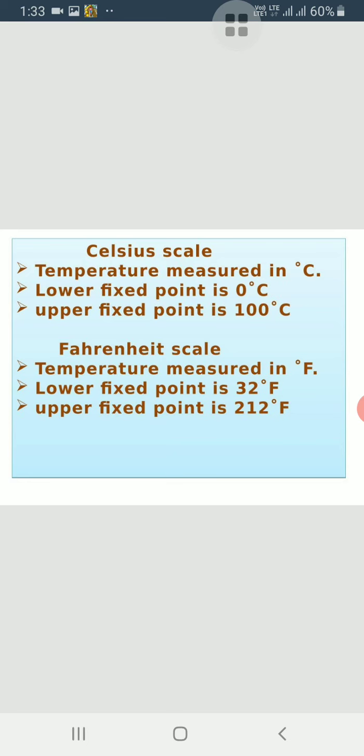In the Fahrenheit scale, the temperature is also measured in degree F, where F is its symbol. Its lower fixed point is taken as 32 degree Fahrenheit and the upper fixed point is 212 degree Fahrenheit. Means the water freezes at 32 degree and it starts boiling at 212 degree Fahrenheit.